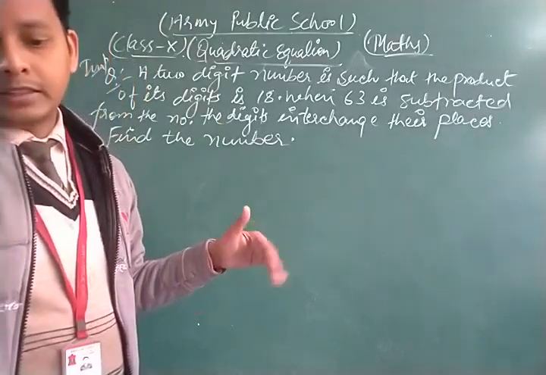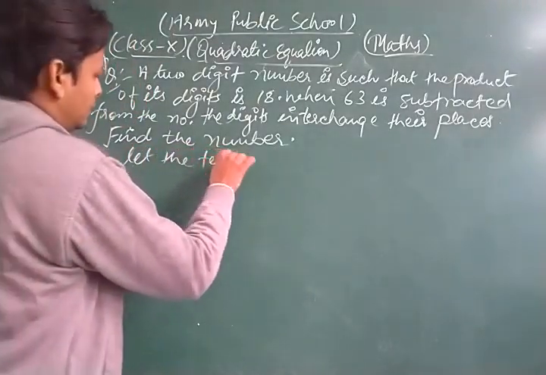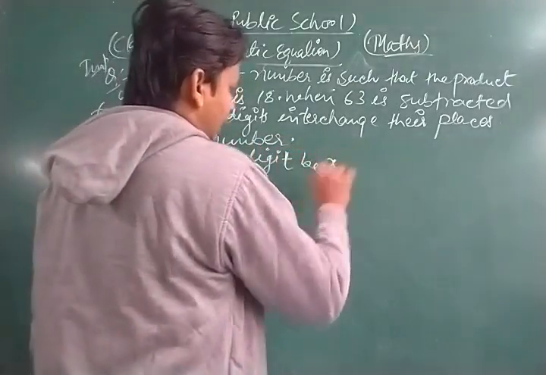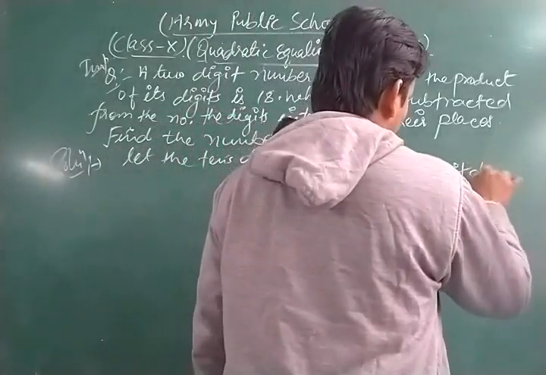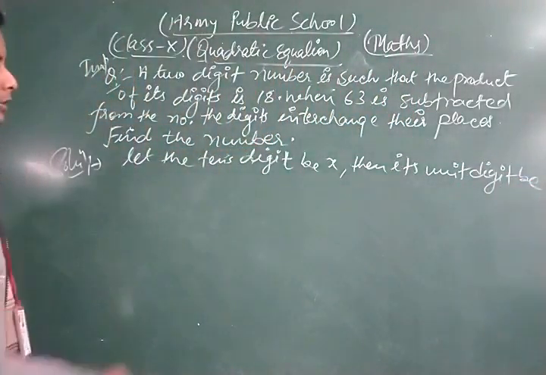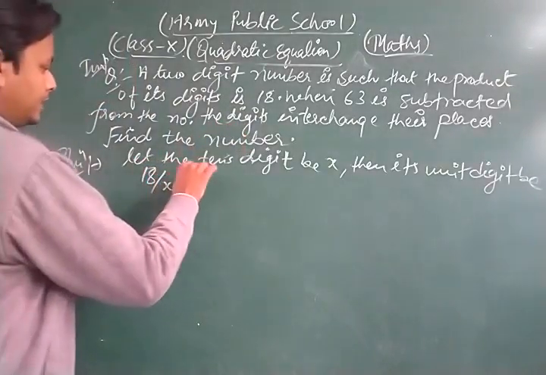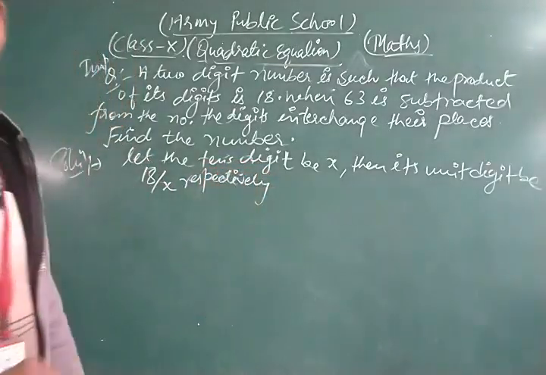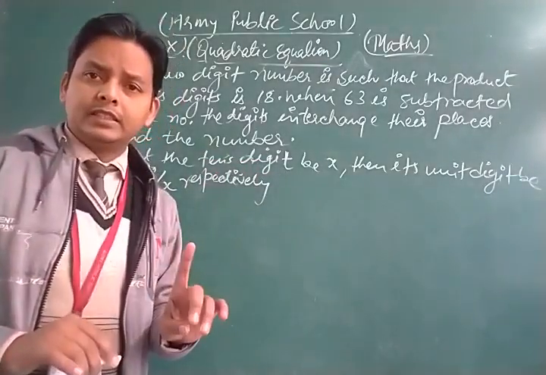So let the tens digit be x, then its unit digit will be 18 upon x respectively, because the product of its digits is 18.